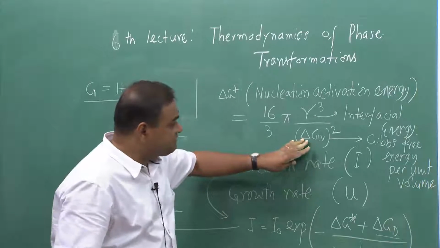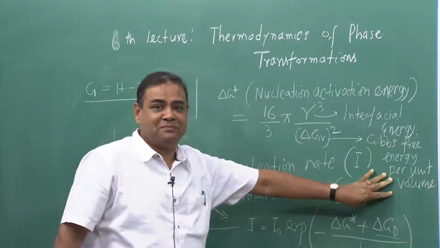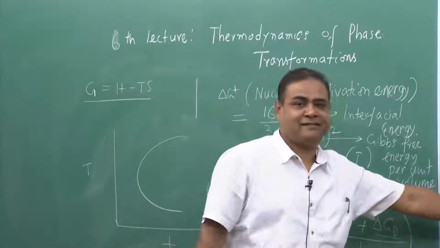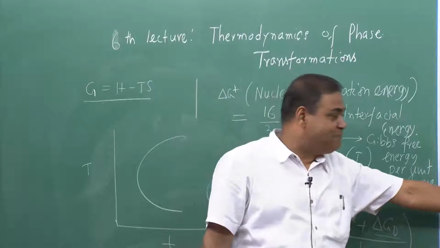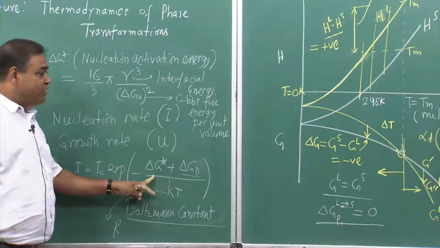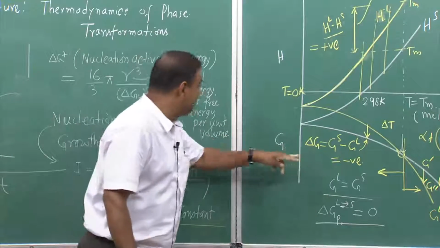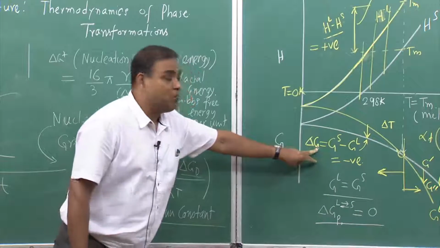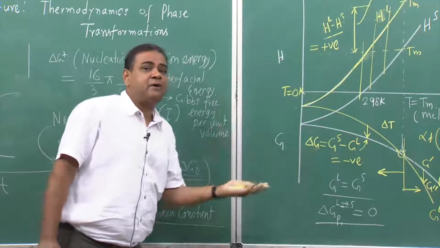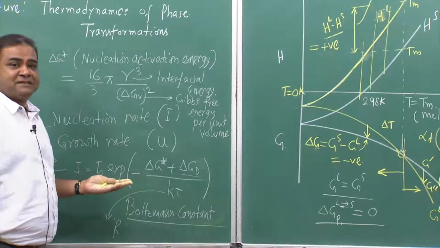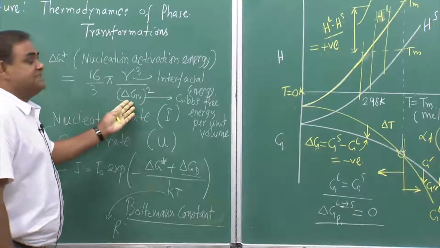And this gives free energy per unit volume is nothing but this. So, that means in order to find out del G star, we need to find out what is the value of del G, and if it is given in mole, we will just divide it by the molar volume of that particular substance and we get del G V.